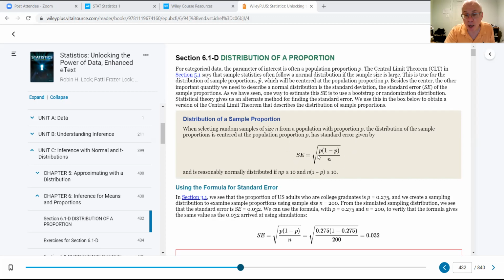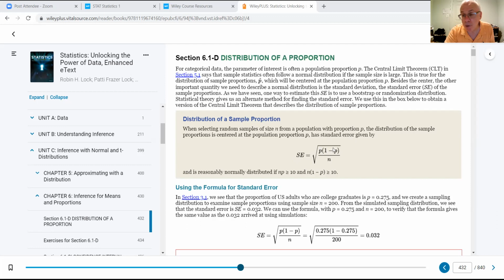So it's a square root, and what is P? P is the proportion. In other words, if we're interested in who's voting for candidate A, we count the number of people in a sample who vote for candidate A and divide by the number of people in the sample.